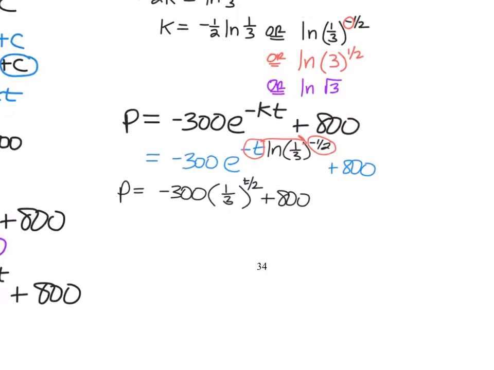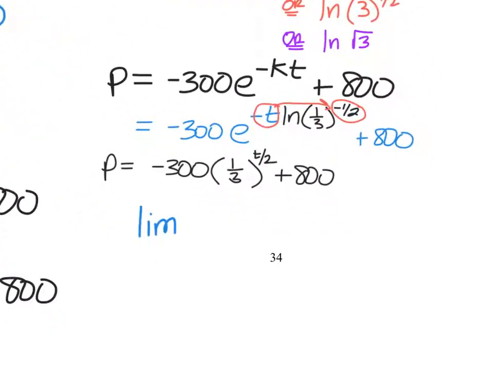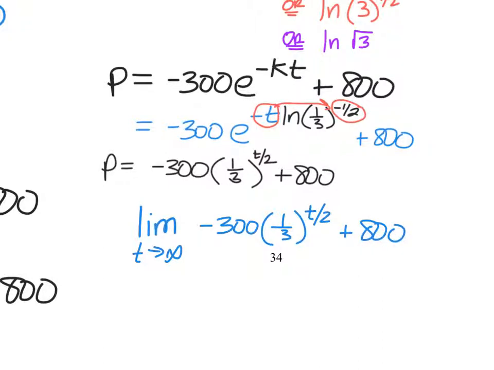Speaking of which, I need to find the limit as t approaches infinity of that function. All right, so this is my part C. All that stuff above was parts A and B, all kind of mixed together.